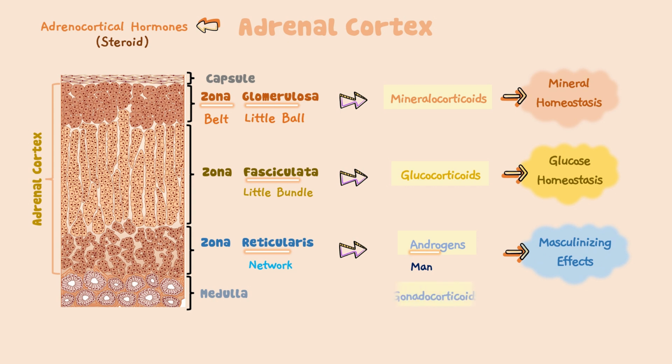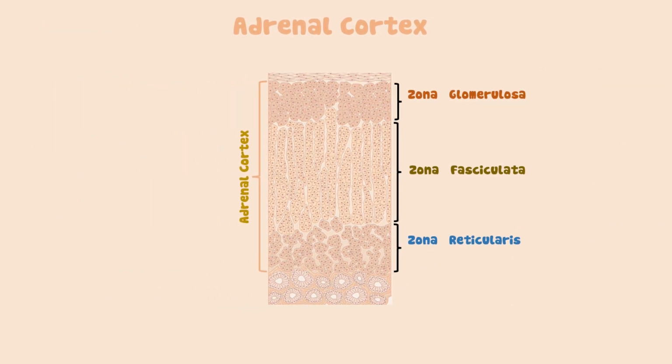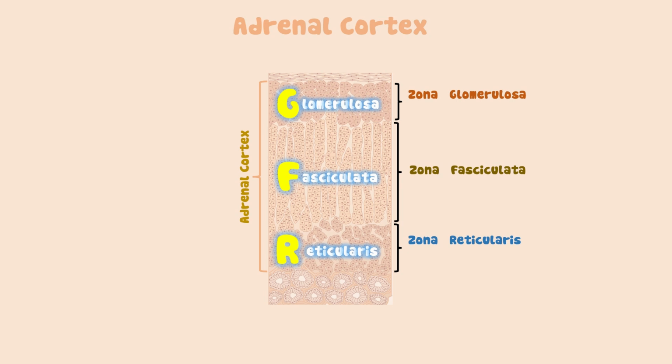These are also known as gonadotropins. You can remember these layers by the mnemonic GFR: glomerulosa, fasciculata, and reticularis, from outer to the inner layer.